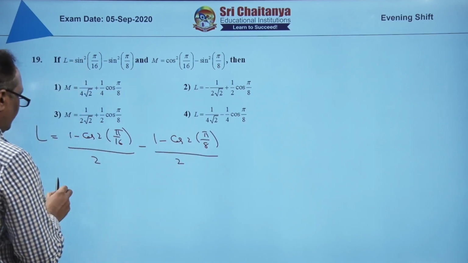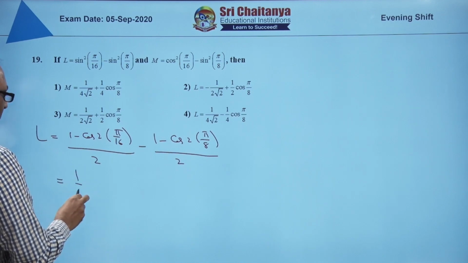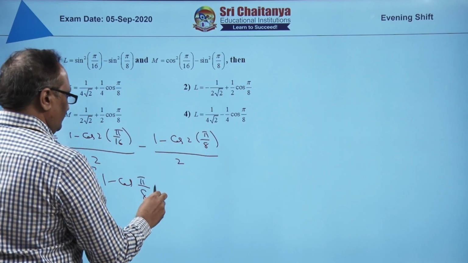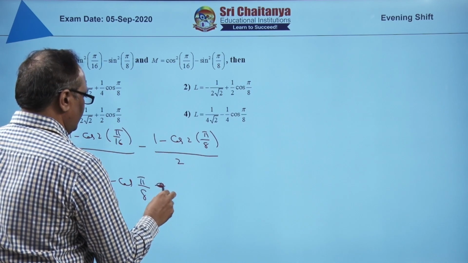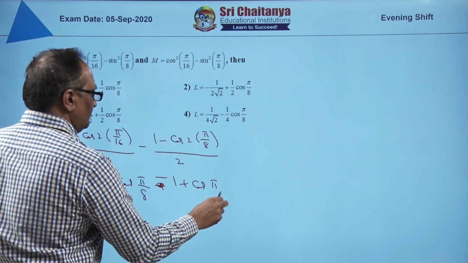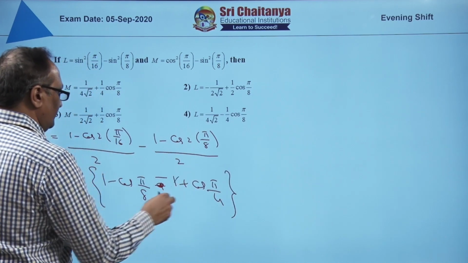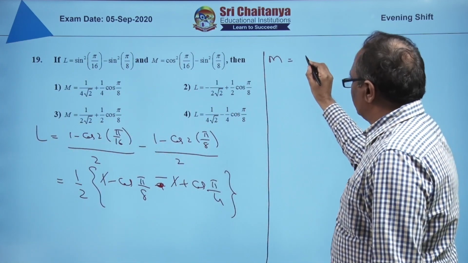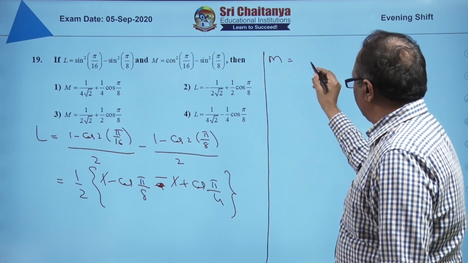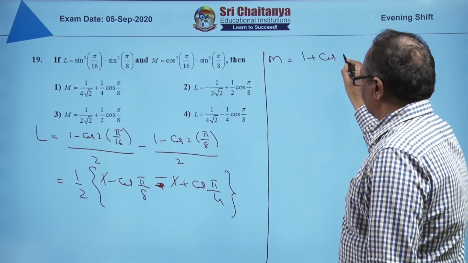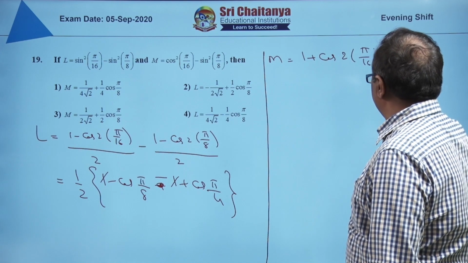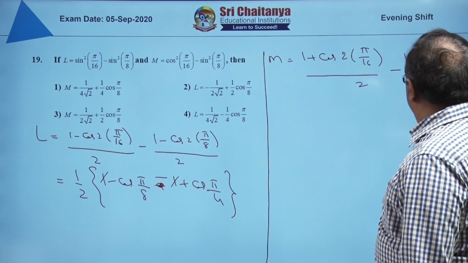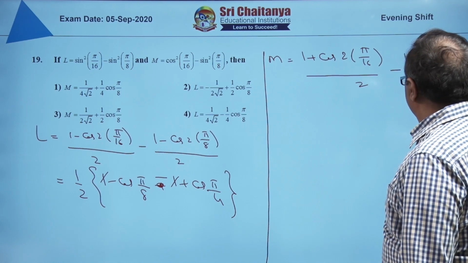Simplifying this, we get 1 by 2 outside, 1 minus cos pi by 8 minus 1 plus cos pi by 4. This is not given in any option, and m value we can consider as cos square a minus sin square b, that is 1 plus cos 2 into pi by 16 by 2 minus 1 minus cos 2 into pi by 8 by 2.